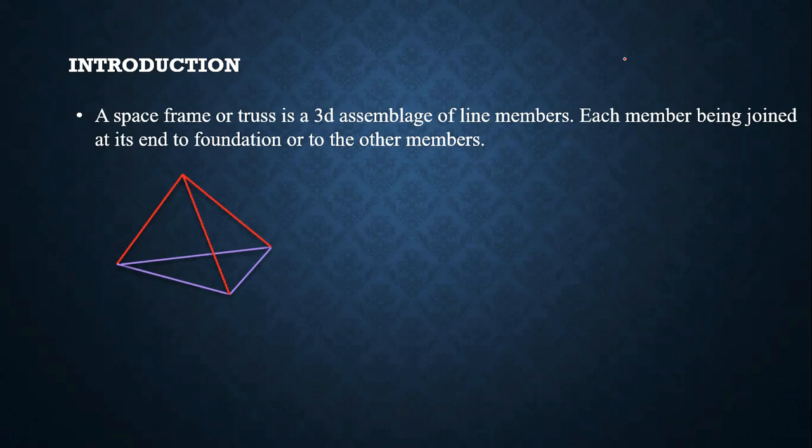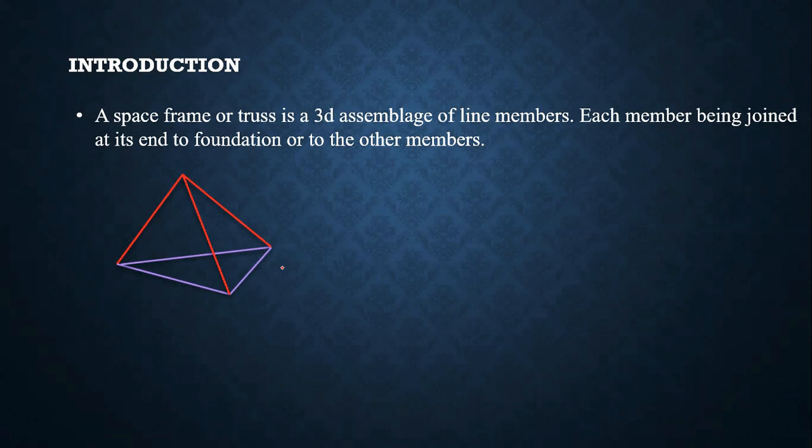A stable space frame can be constructed by a successive addition of three new members and a joint. In this figure we can see at every joint there's a three-member joint. The original tetrahedron consists of six members and four joints.